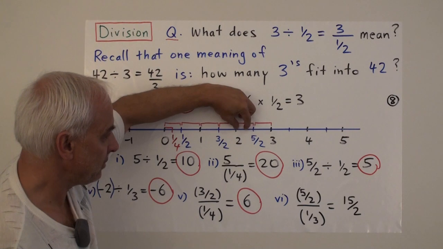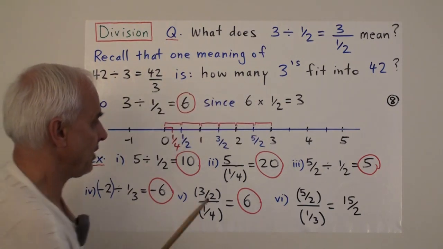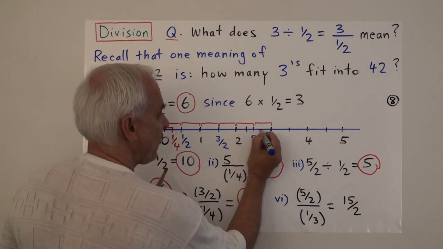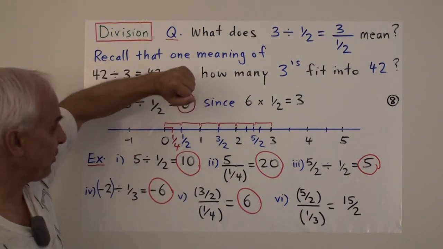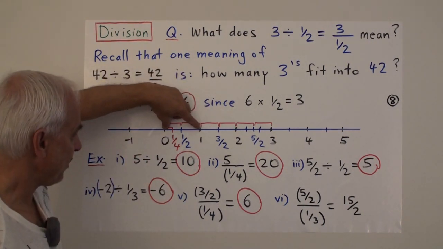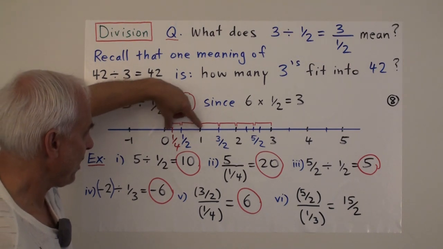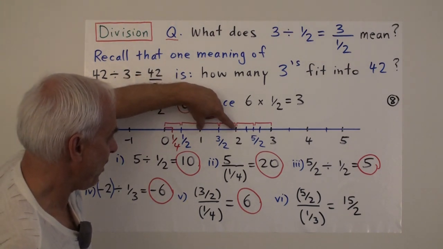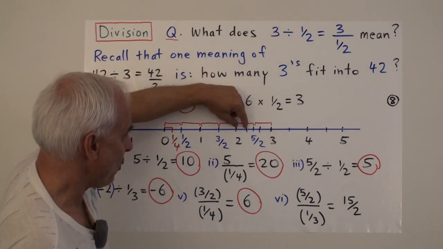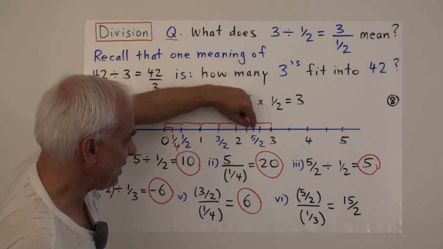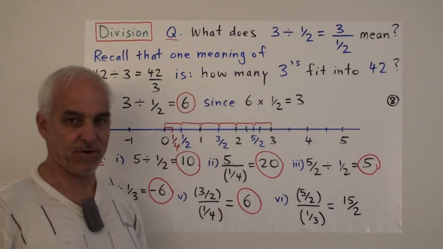Well, if I divide this up into thirds. So how many thirds do we have altogether so far? We've got 3 of them there, and we've got 3 of them there, and we've got 1 of them there, and then you can see we have to have a half of a third.